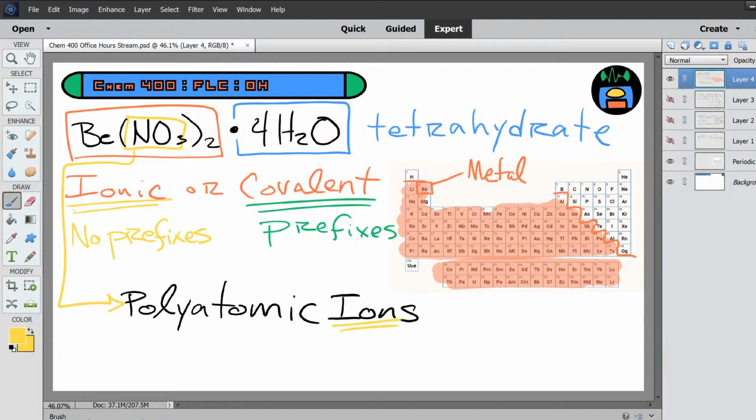So this is definitely an ionic compound, which means you just name it: name of the cation, beryllium, name of the anion, nitrate, and it will not take any prefixes. Prefixes are for covalent compounds only. So hopefully that clears that business up.